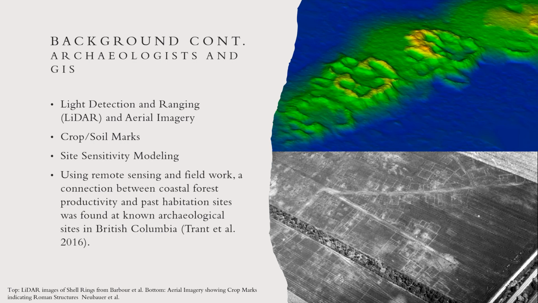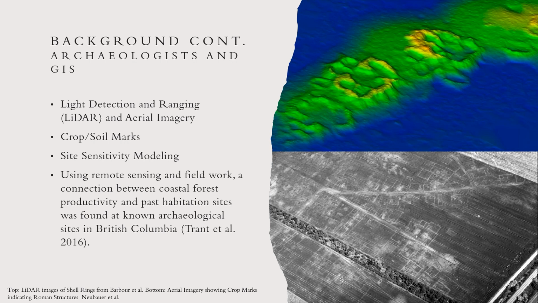They also use aerial imagery, from which they can use vegetation indices to find crop or soil marks, and you're seeing an example of that in the bottom right. That is when the composition of archaeology is affecting the soil, and therefore a more homogeneous vegetation like crops, you can actually see lines showing areas that had archaeology.